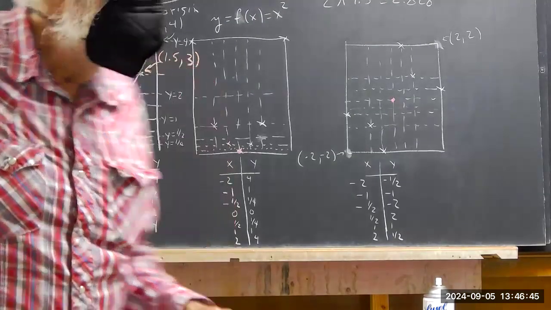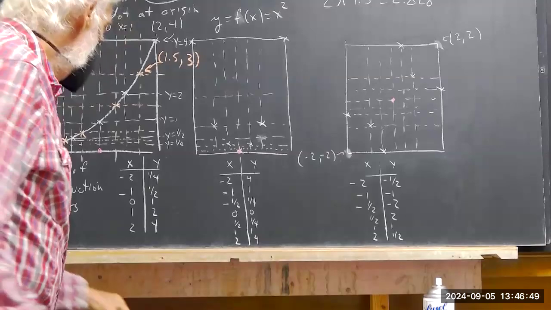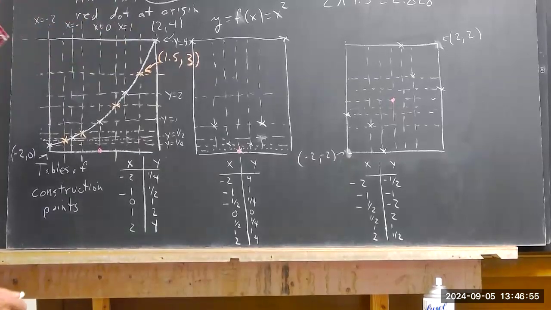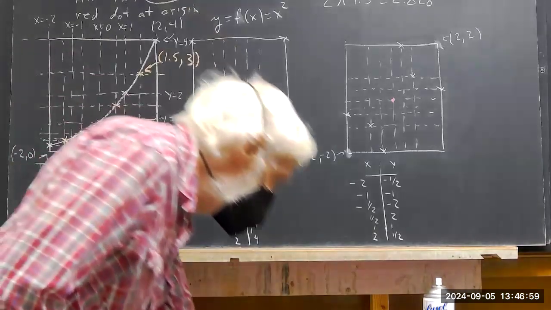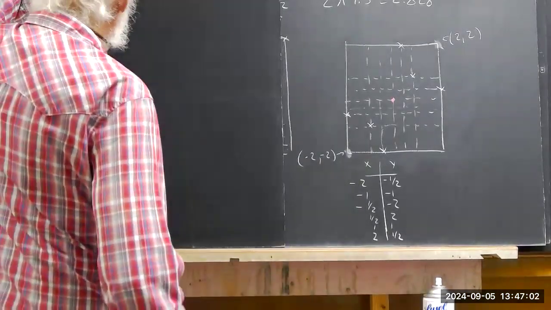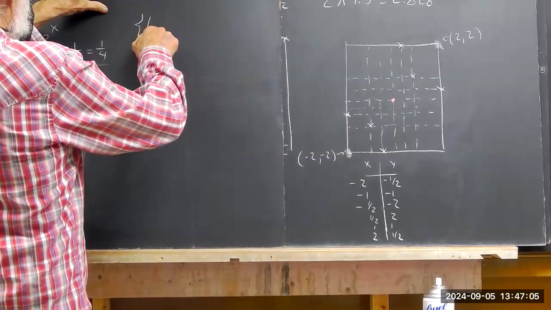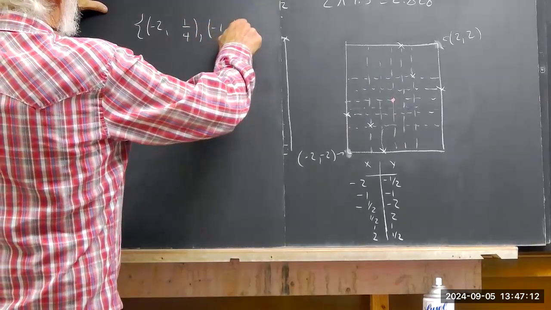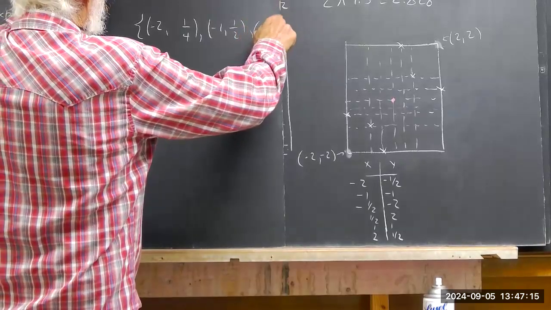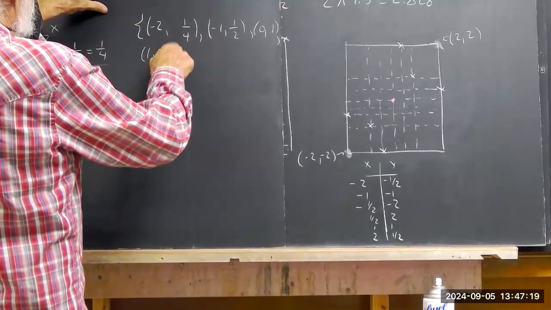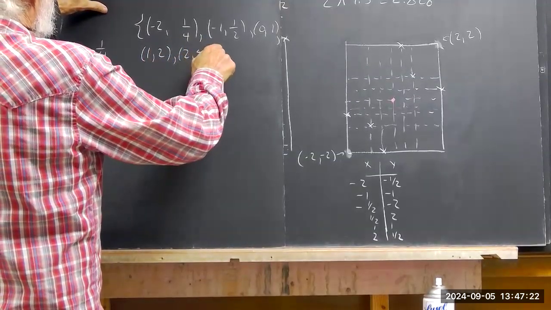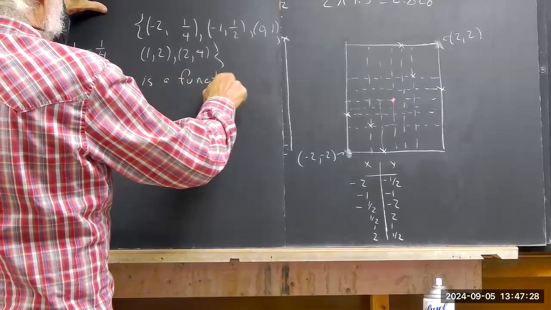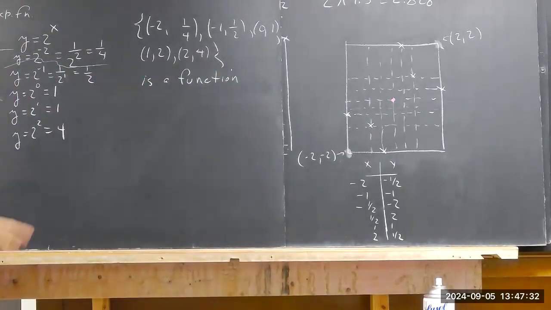Okay. There are a bunch of ordered pairs. We could write a set of points on this function as a set of ordered pairs. Okay, that's a function.